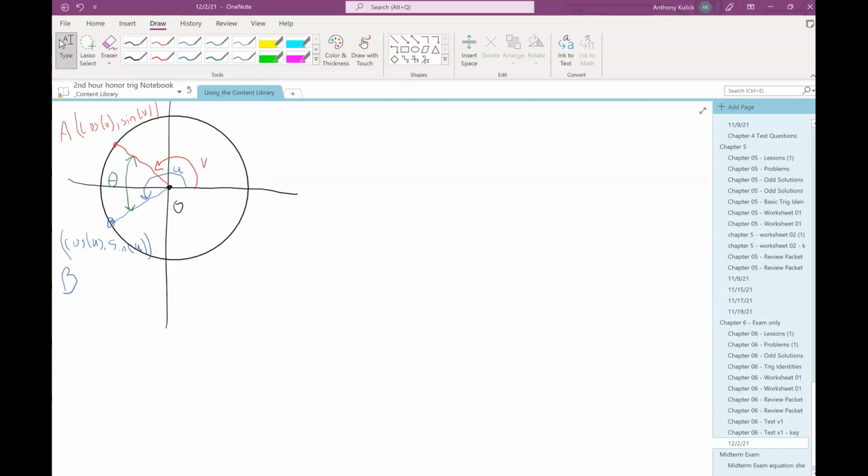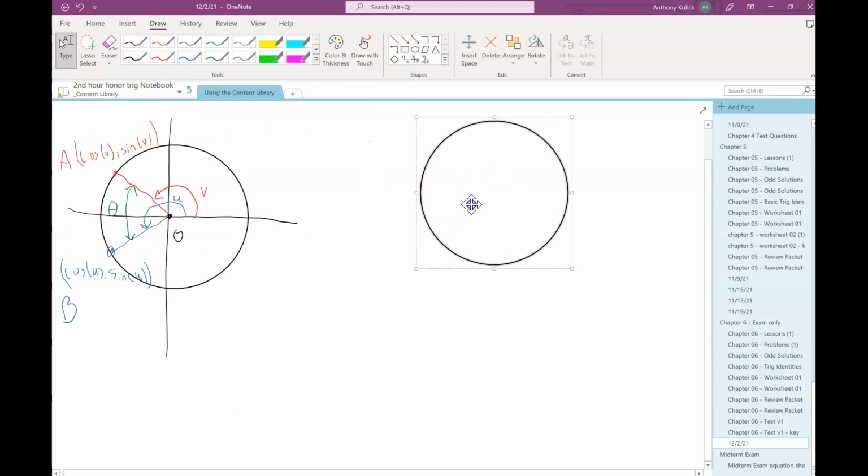So what we're going to want to do is take that angle theta, and I'm going to start by translating it so that it's in standard position.